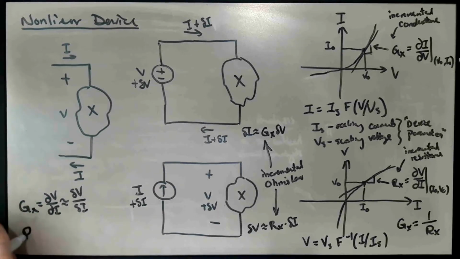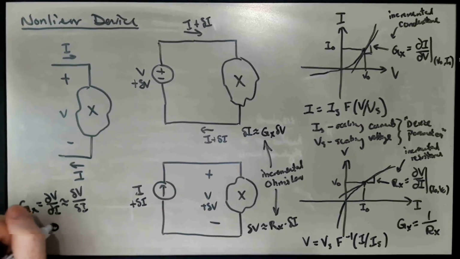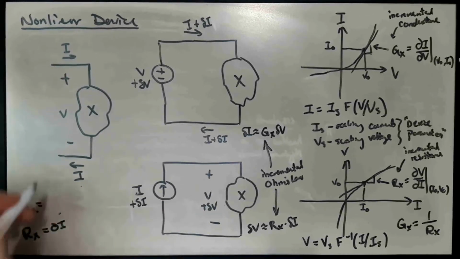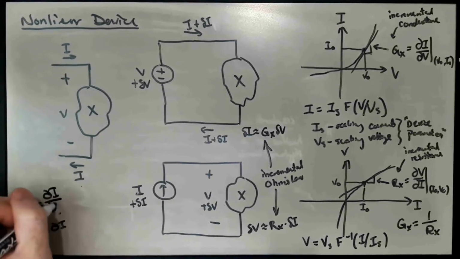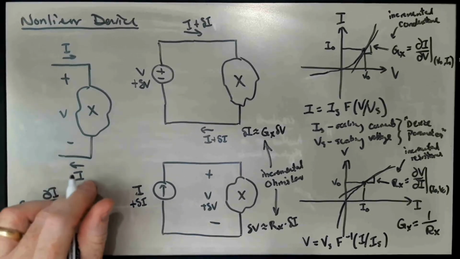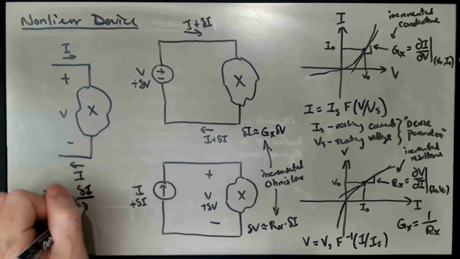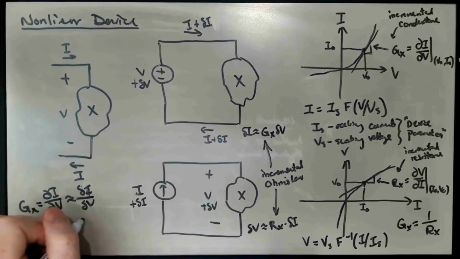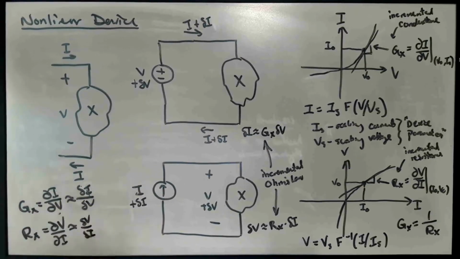And g sub x is di dv, which is approximately delta I over delta v. And this is dv di, which is approximately delta v over delta I, for sufficiently small delta v and delta I respectively.